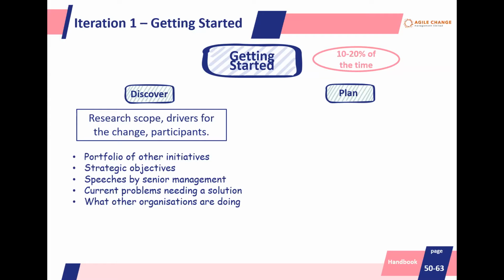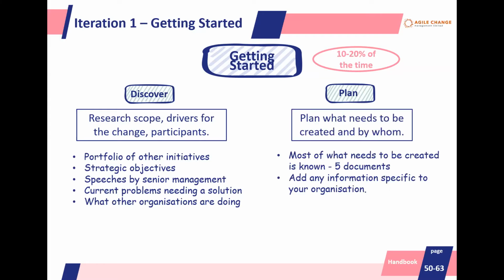Having got all of those ideas, that's a good bedrock. We now start to think we are going to have to shape this into a real sort of plan and scoping document for the change. So what we do is we think about what it is we're going to create in getting started, and we plan who's going to be doing that work. What makes iteration 1 unique is that we already know the sorts of documentation we're going to create.